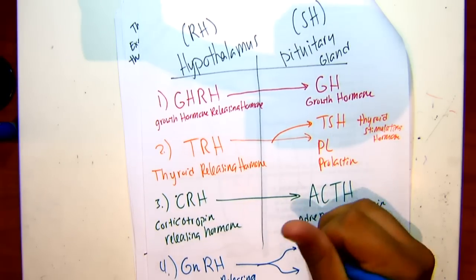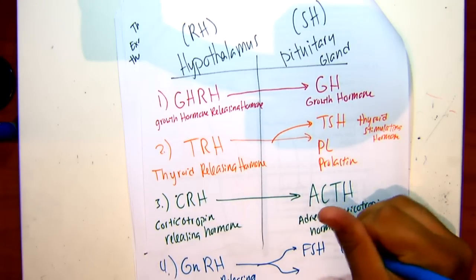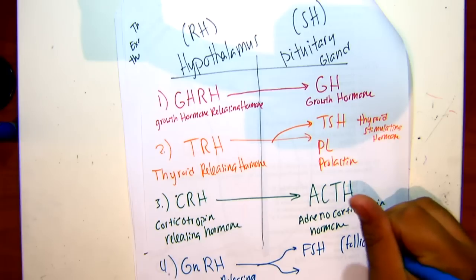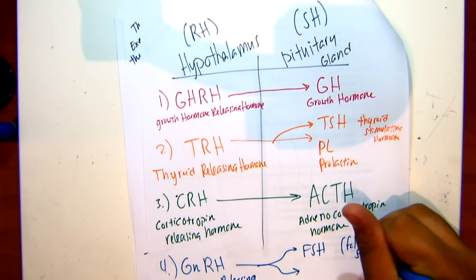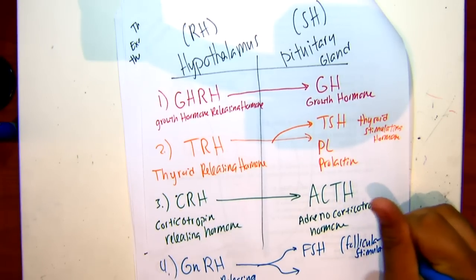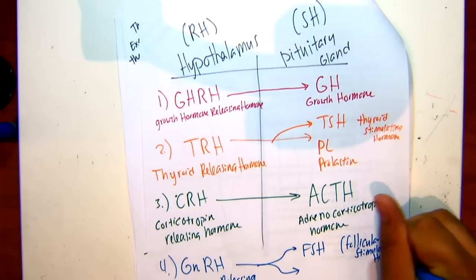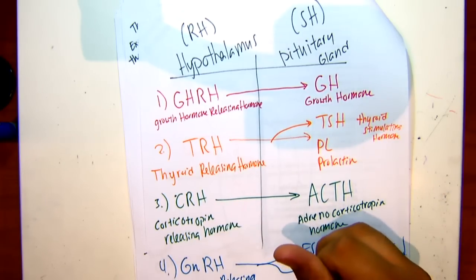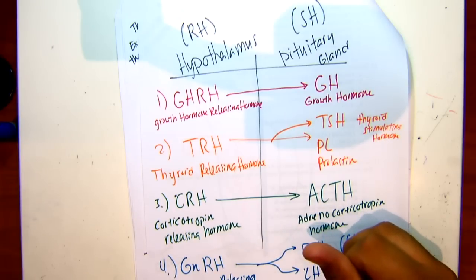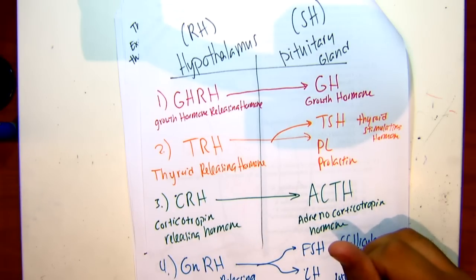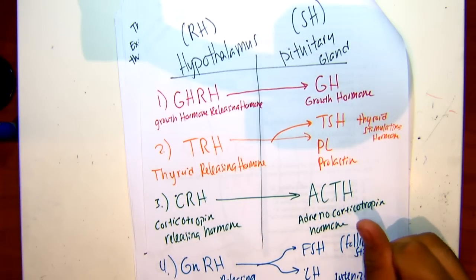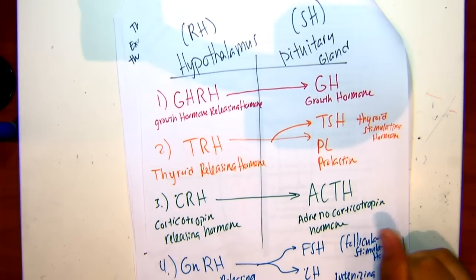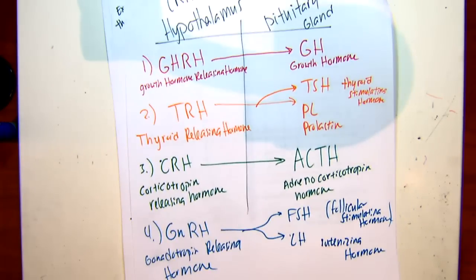We have FSH, follicular stimulating hormone. And then we have LH, which is luteinizing hormone. Okay.